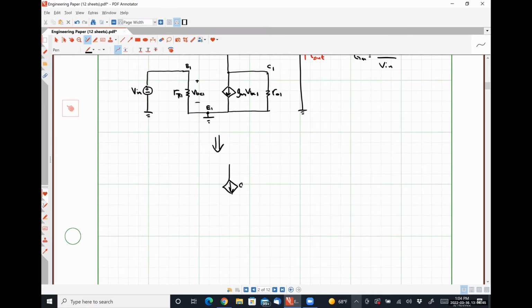So here is GM2 VBE2. Here is GM1 VBE1. Here's my resistance R pi 1, over which a voltage of VBE1 occurs. Here's my input voltage Vn.